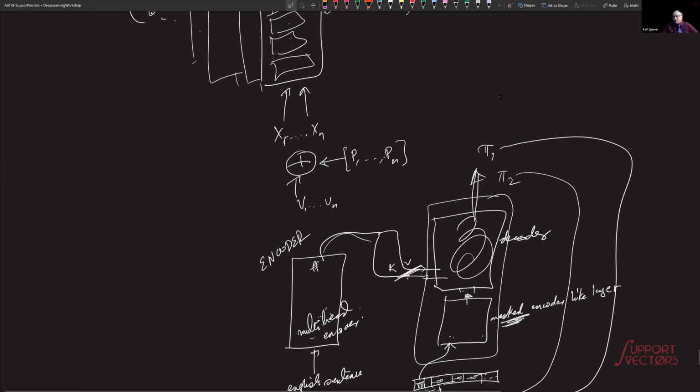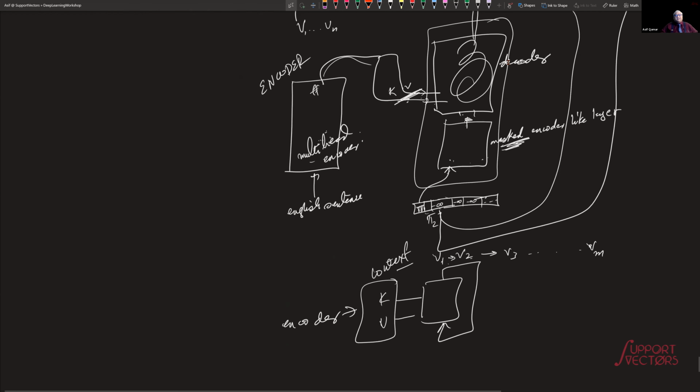Then it makes common sense. When you're translating, what is the total context you have? Suppose you have translated 3 words. In Hindi, you would say, Gai Chand Pe, 3 words. And then you have the whole English sentence. It seems common sense that the total context that will help you generate the next word will be the English sentence as encoded, as well as the partial sentence that in Hindi or in French that you have created so far.